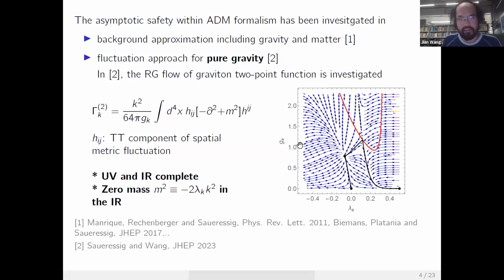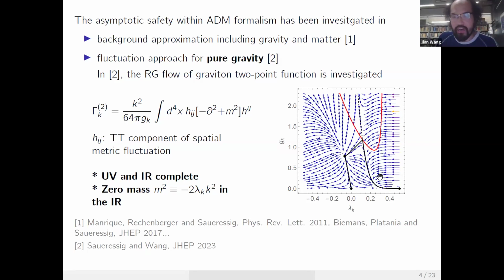We found that the graviton two-point function is both UV and infrared complete, indicated by this non-Gaussian fixed point, which could be regarded as the UV completion, and the Gaussian fixed point, the infrared fixed point, which could be regarded as the infrared completion of the theory.